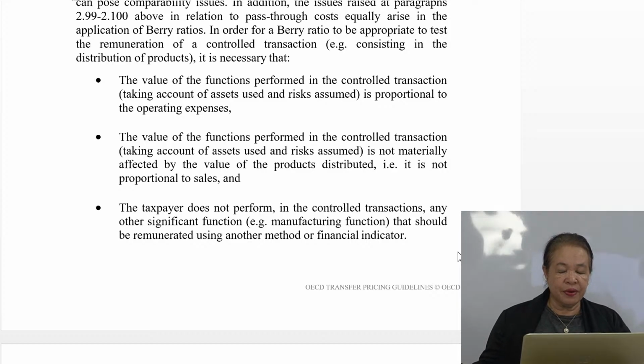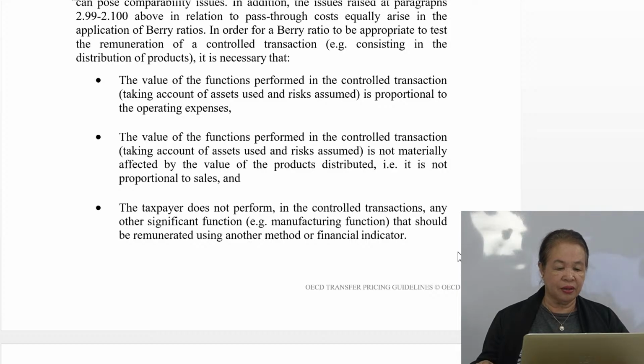The value of the functions performed in the controlled transaction, taking account of assets used and risk assumed, is not materially affected by the value of the products distributed. So it is not proportional to sales. And the taxpayer does not perform in the controlled transactions any other significant functions, such as a manufacturing function that should be remunerated using another method or financial indicator.